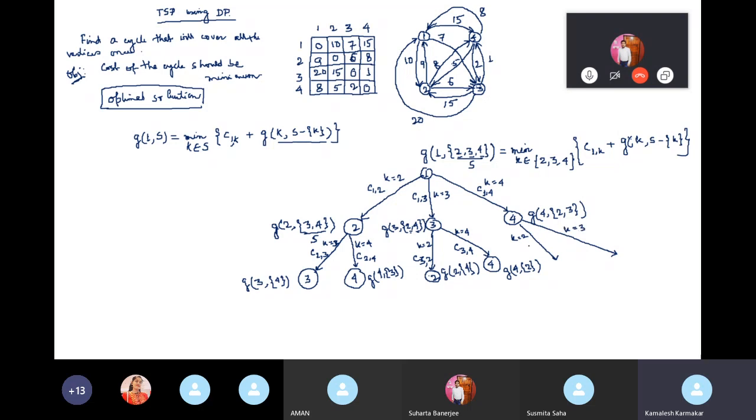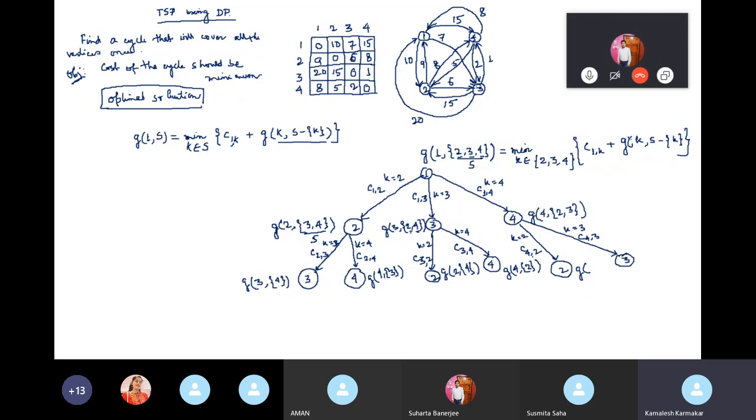If K equals to 2, the cost is C4,2, and if K equals to 3, the cost is C4,3. Now if the next vertex is 2 and the next vertex is 3, what will be the G function here?